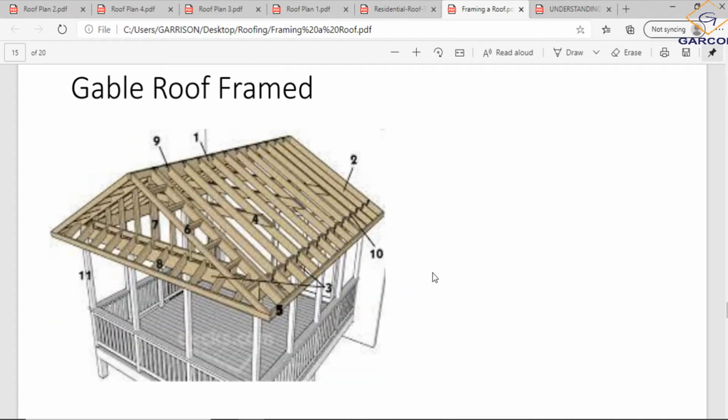So if you label this now, 2 is a pine upon your rafter, 10 is upon your wall plate, 3 is upon the wall plate again, and 9 up here is hard to see, so what I see right here looks like the wall plate. 7 is not part of the roof, that's just something that holds up the roof. 6 are your barge boards, 9 are your common rafters, 1 is your ridge board.